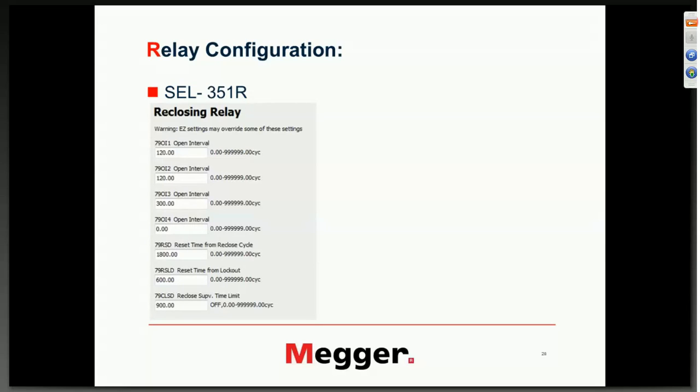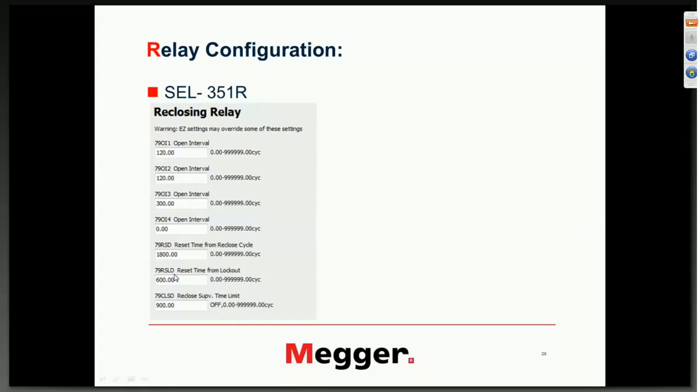My 50 function is not active anymore because the system is normal. My relay is seeing normal voltages and currents, so it is not going to trip after this. In that normal state, I have to wait, in this case, 1800 cycles for it to reset from that reclose cycle.